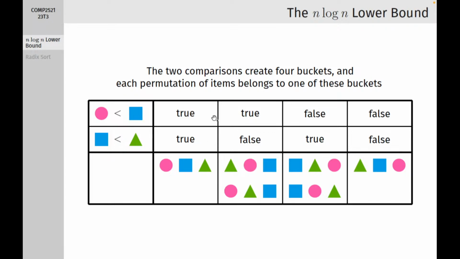So if it turns out that circle is less than square, but square is not less than triangle, which is this second column here, then one of these permutations is the correct sorted order, but there's no way for us to know which one unless we do one more comparison, between triangle and circle. And similarly for if square is less than triangle, but circle is not less than square. So two possible permutations, and we don't know which one. Yeah, question?